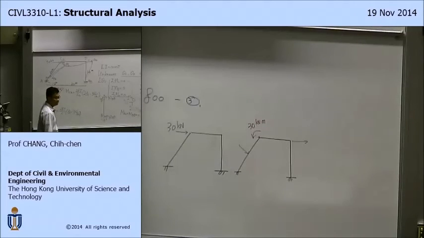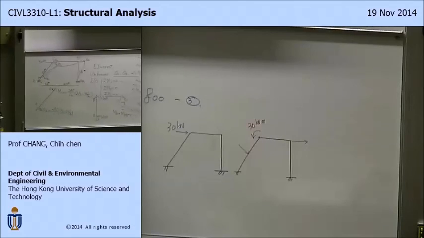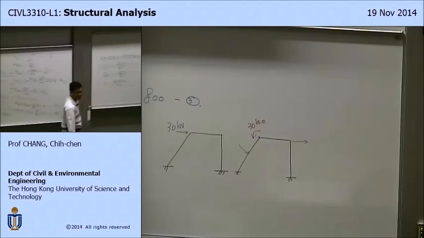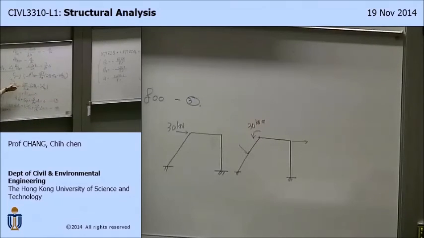Ready? Let's go. Now, moment distribution, it works like this. The method skips completely the calculations of deformations. This is deformations. And we spend a lot of effort trying to solve for the unknowns through simultaneous equations.